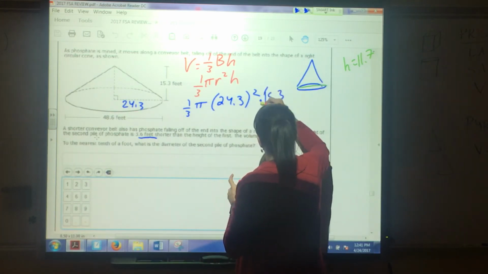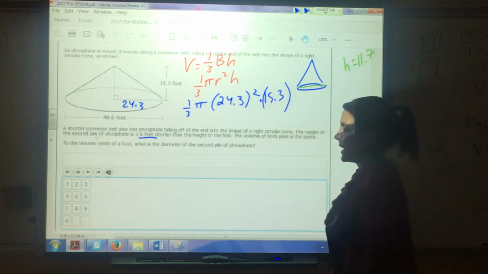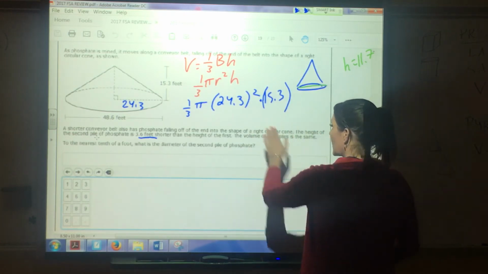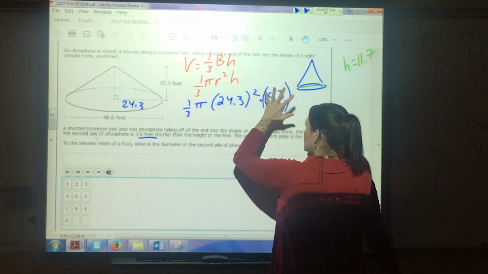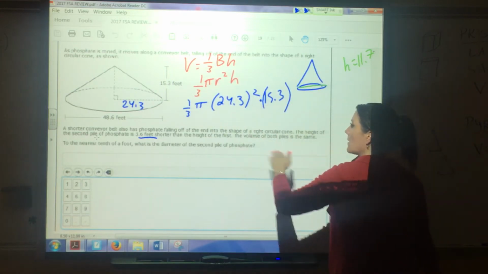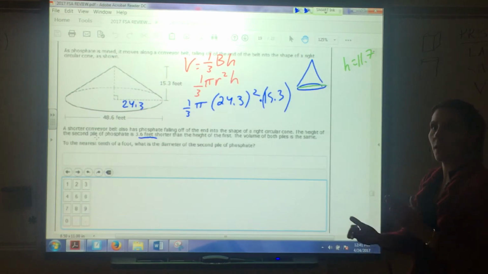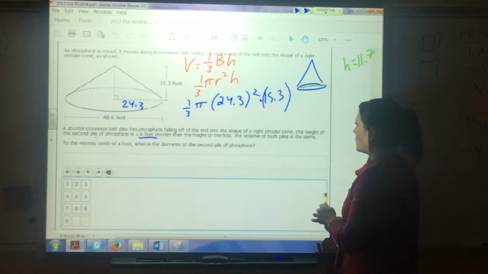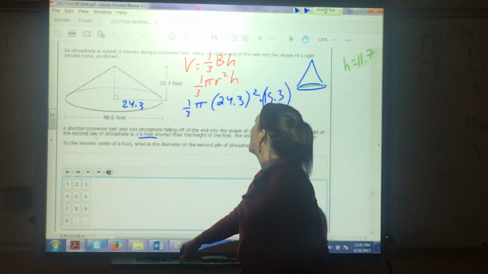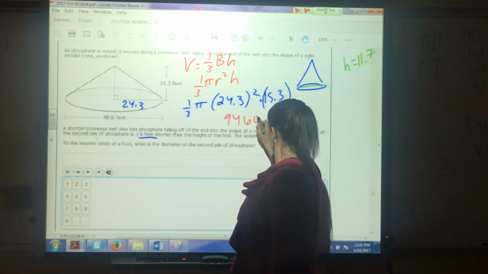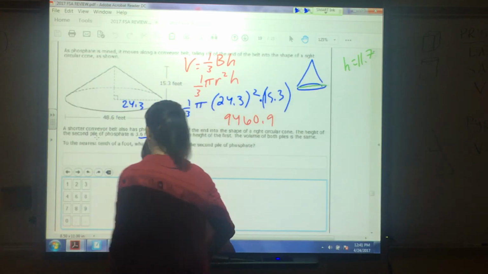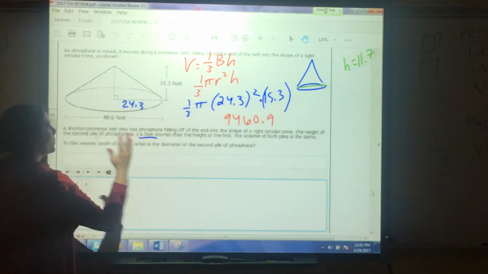This is what goes into your calculator. Do 24.3 squared, enter, times 15.3 times pi button, enter, and divide everything by 3. When you do that, what do you get? 9460.9. Awesome. So that is the volume of this.